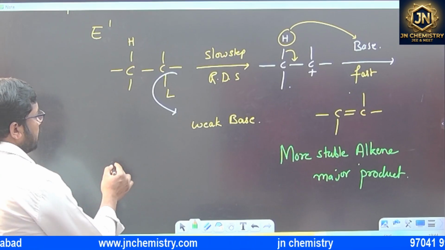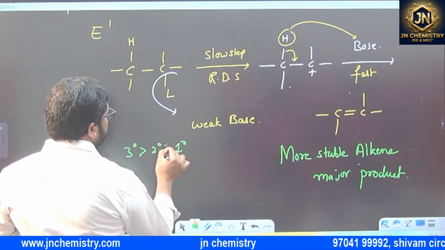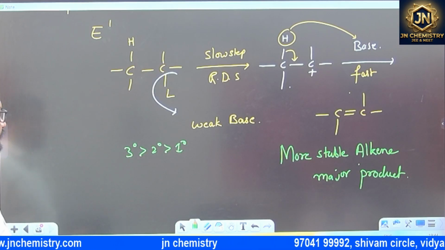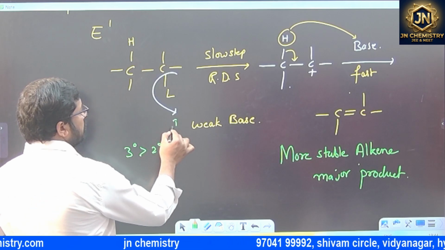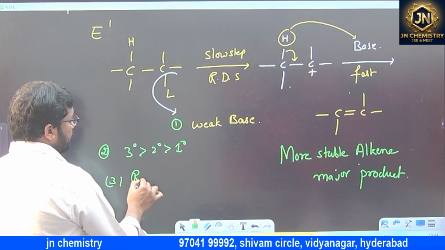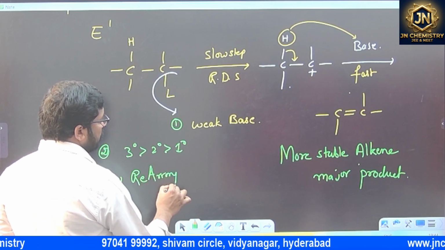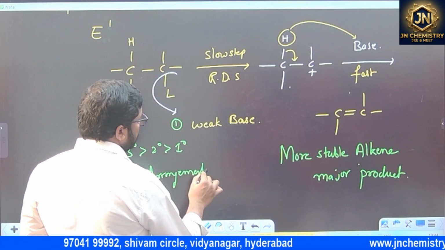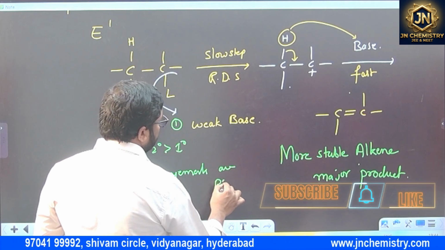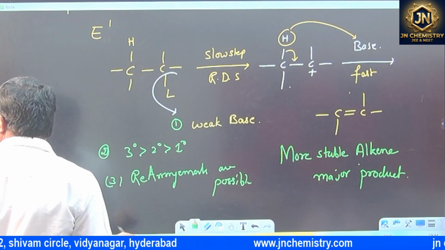So E1 takes place in 3 degree, 2 degree, 1 degree with a weak base, and rearrangements are possible. Whenever the carbocation is coming, rearrangements are possible by default.